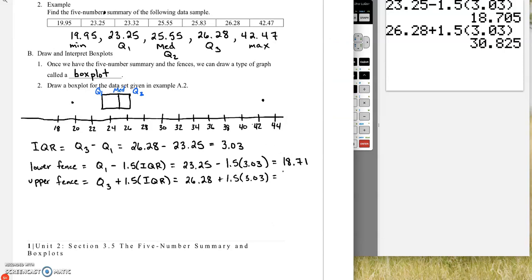So let's go put the fences on our graph. So our lower fence is at 18.71. So that's, I don't know, about right here. And the upper fence is at 30.83, so about right here.